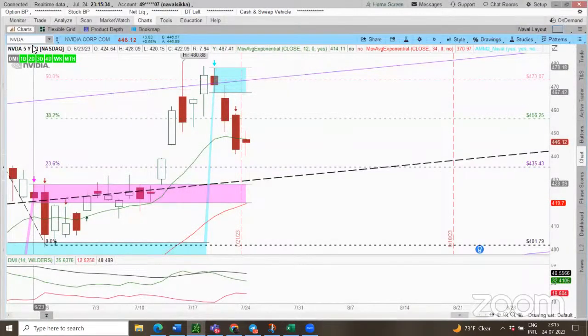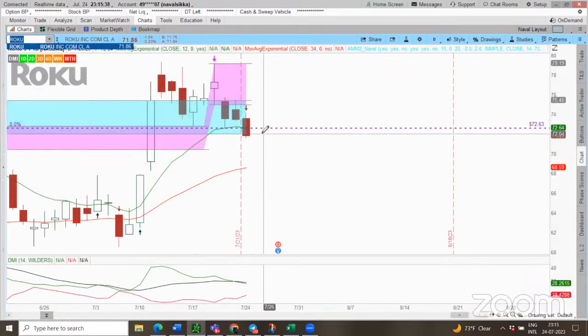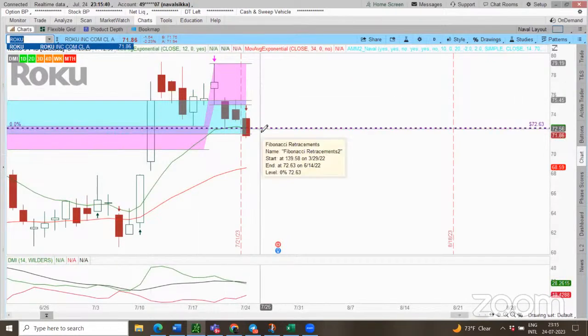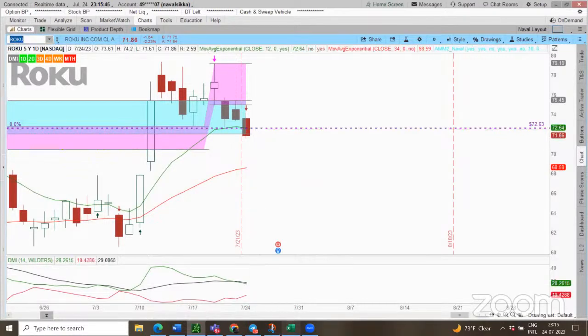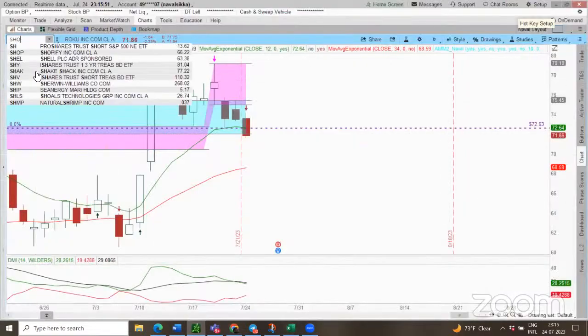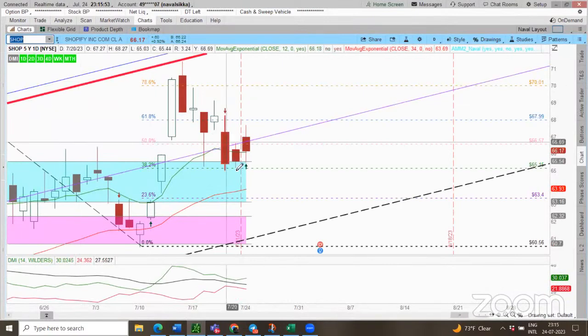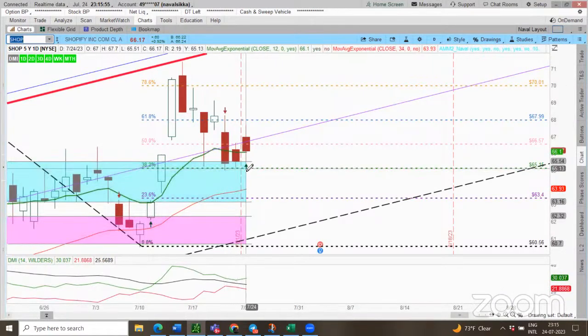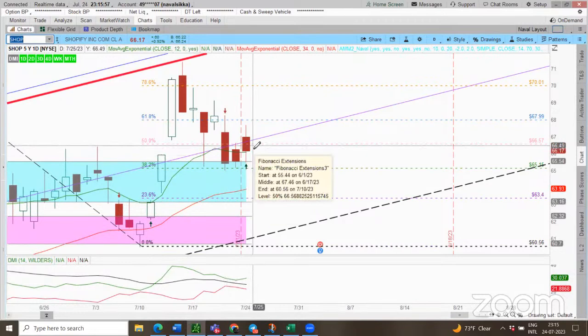Roku, I think Roku is in the same state, 71, 72 area. It's trying to hold this area. So again, if Netflix moves tomorrow, Roku should move tomorrow and follow Netflix. So everything on Roku is the same. Shopify, I was expecting it to give me an entry, but again, it came and it managed to hold above the 66 area.